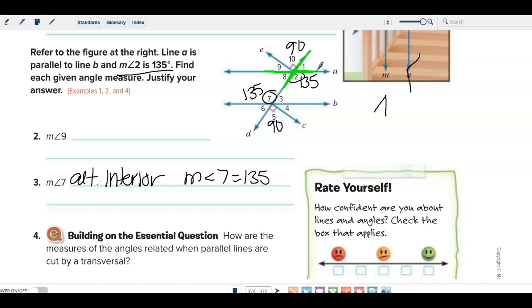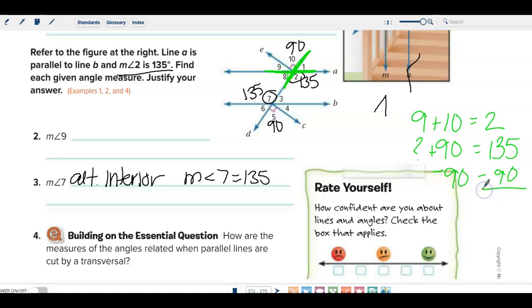So Carly is saying, since these angles are vertical to each other, 9 and 10 together should give me the measure of angle 2. We know that 10 equals 90. We don't know 9, but we know that the measure of angle 2 equals 135. So to figure this one out, we would subtract 90 and we'd get 45.